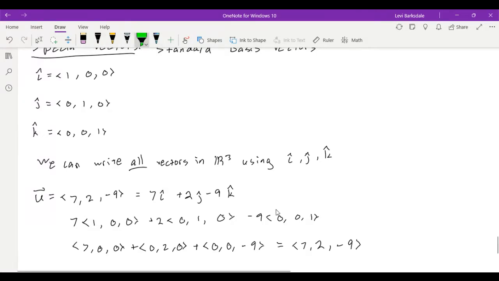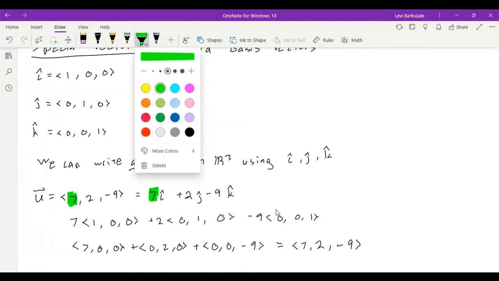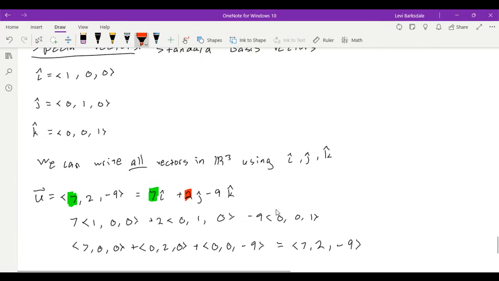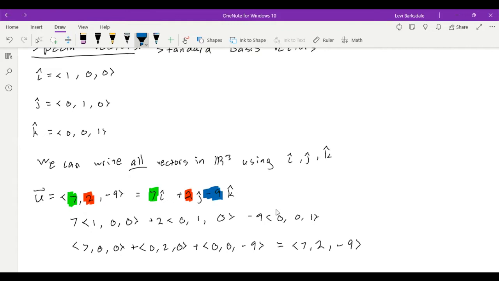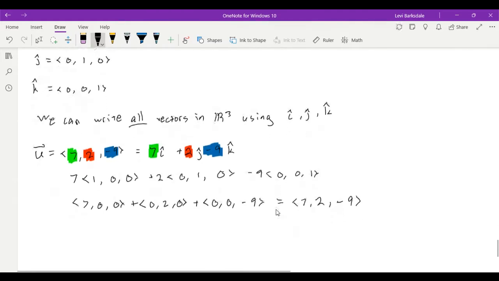But importantly, you'll notice that the 7 here matches my value in my x component there. Similarly, we have the 2 in the y component matching my j vector, and the negative 9 here matching the z component there. So that's a really nice thing. We say that these three vectors form a basis for R3, but that's a little more advanced and you probably don't need to know that definition right now.